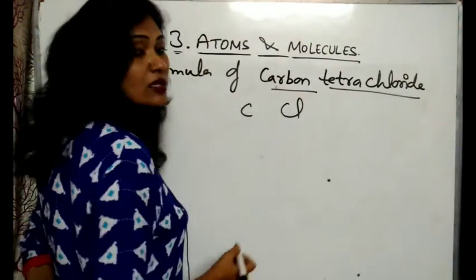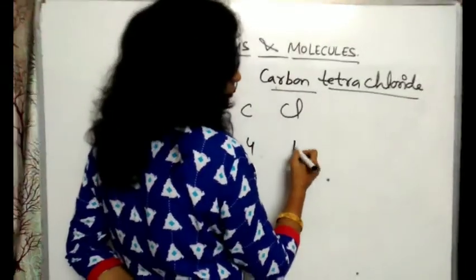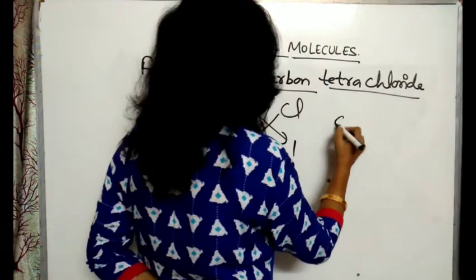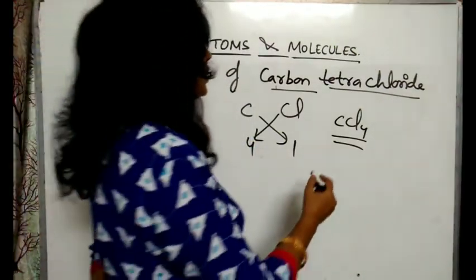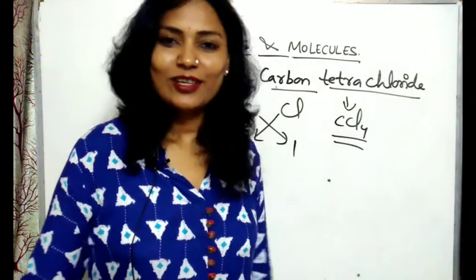So what is the valency of carbon? It's 4 and chlorine 1. What will you do? Cross over the valency, it will become CCl4. So that is the formula of carbon tetrachloride, okay.